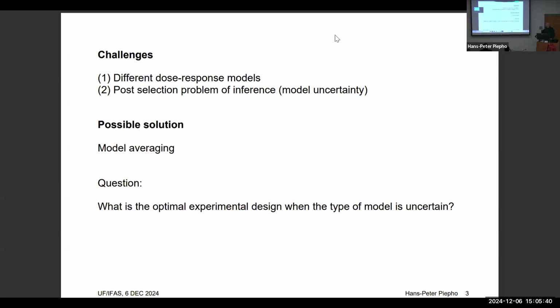When there's a single model, we can ask the question, what's the optimal design here? And optimal means, okay, how many N levels do we need? Where do we place the levels? How many replications do we need? But how does that play out when there are multiple models that we're going to average in the model averaging approach? That's the topic of the first part of my talk here.